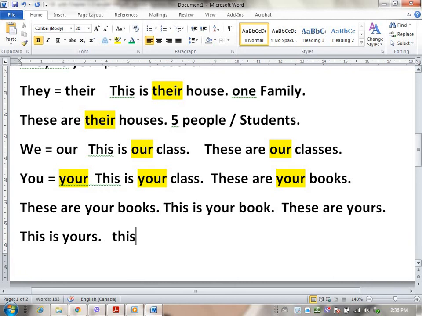Usually when we speak fast, we say this is yours. You see here? In the beginning, I want you to learn to say this is yours. But when you learn fast, you know to say this is yours. See? This is yours. Yeah?